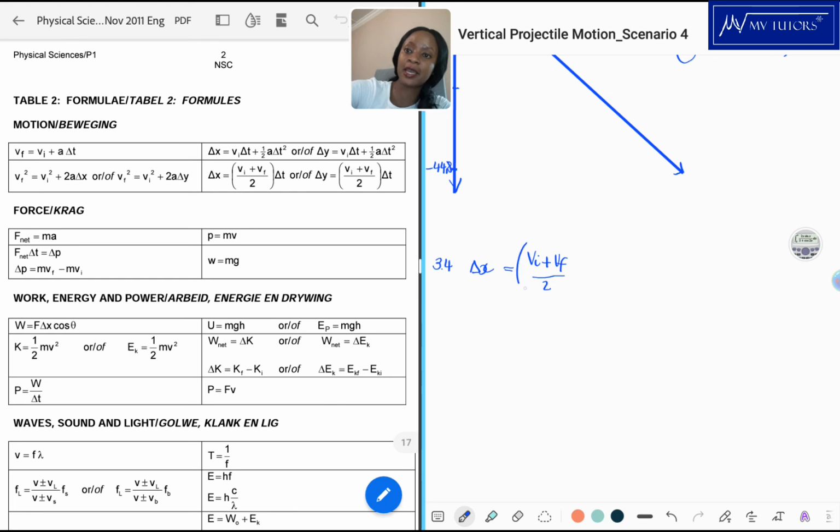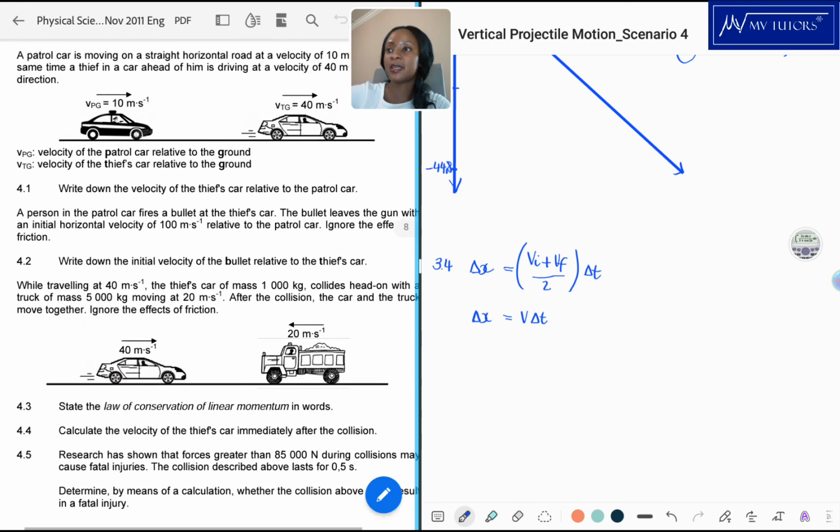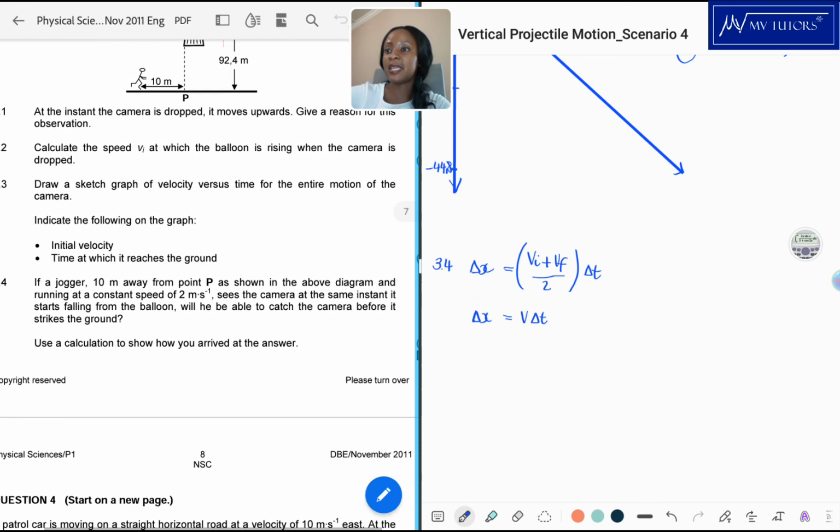That's pretty much the average, so that's basically velocity times delta t, because the velocity is constant. He's running at 2 meters per second, and he's 10 meters away. So that would be 10, and his speed is 2. Let's calculate his time.